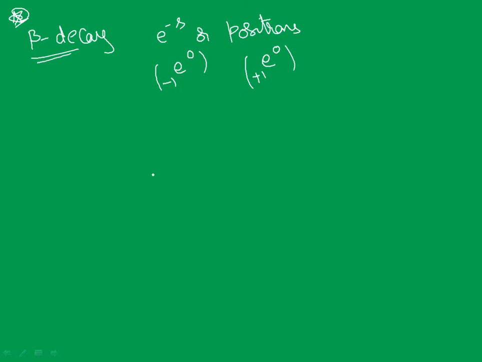Suppose you consider the nuclei, here we will speak in terms of nucleons, that is neutrons and protons, which means nuclei having more number of neutrons, I will call them neutron rich nuclei.